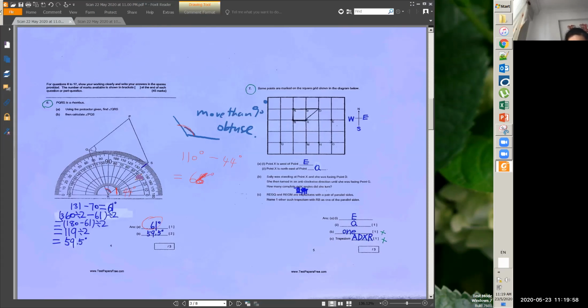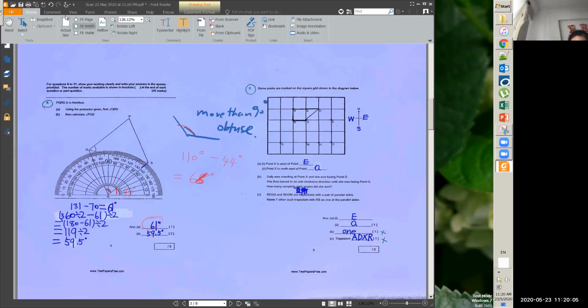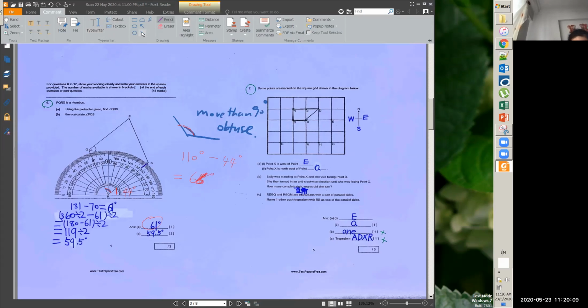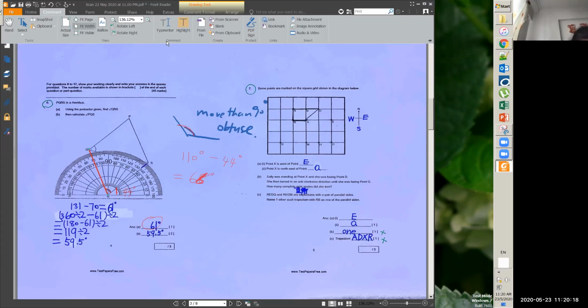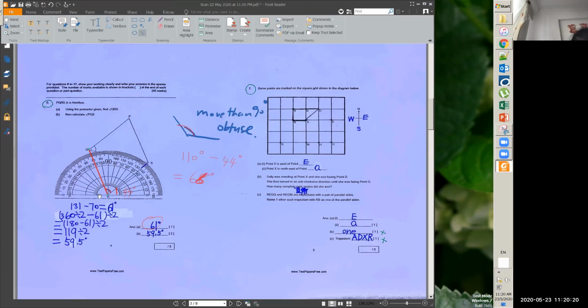Because what you need to do is just find out what this angle is. Let me elaborate better. You first find out this angle. Actually, you don't need to find it out because it's given. You just need to read the scale.